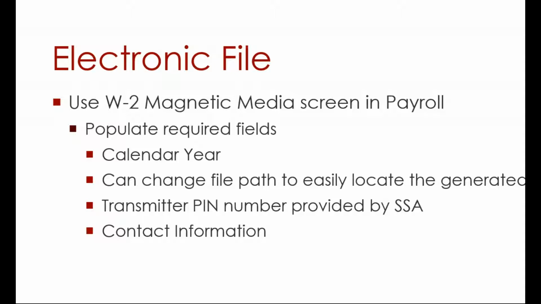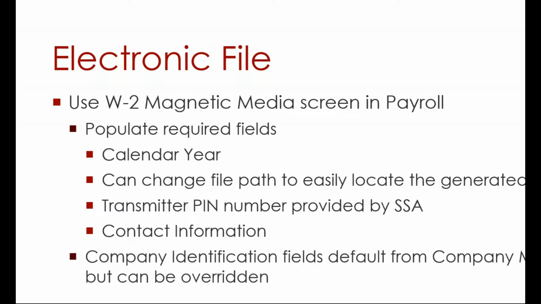Just make sure that you're noting where that file is being created so that you can reference it later when you need to pass that on to the IRS. There's also a transmitter PIN number that's provided by SSA, and make sure you're inputting contact person information as well. That's just if there are questions on the file or anything like that, they have someone to reach out to then.